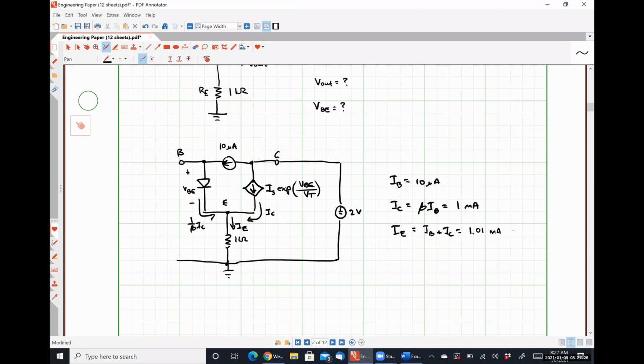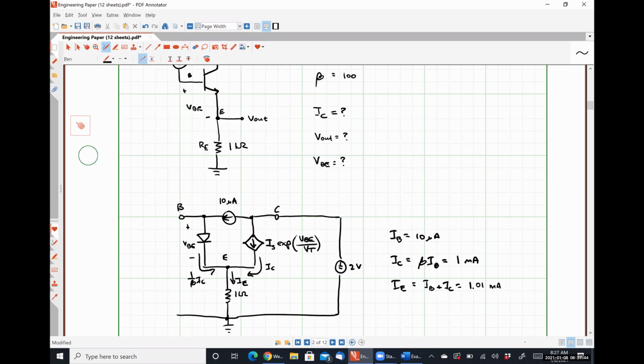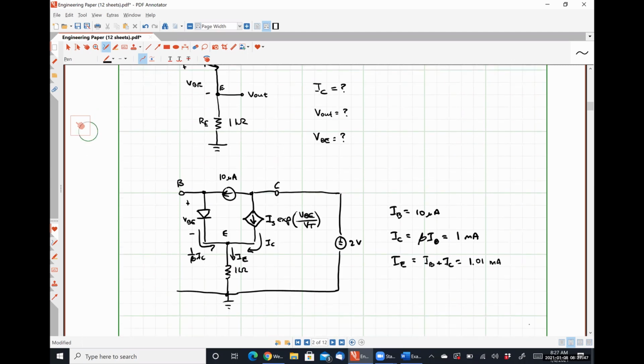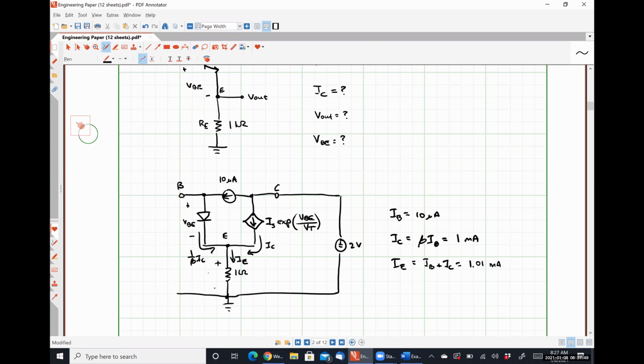So now that we know IC and IE, how do we go about determining either V out or VBE? V out, if we look at our original diagram, is the voltage drop over the 1 kilo ohm resistor.